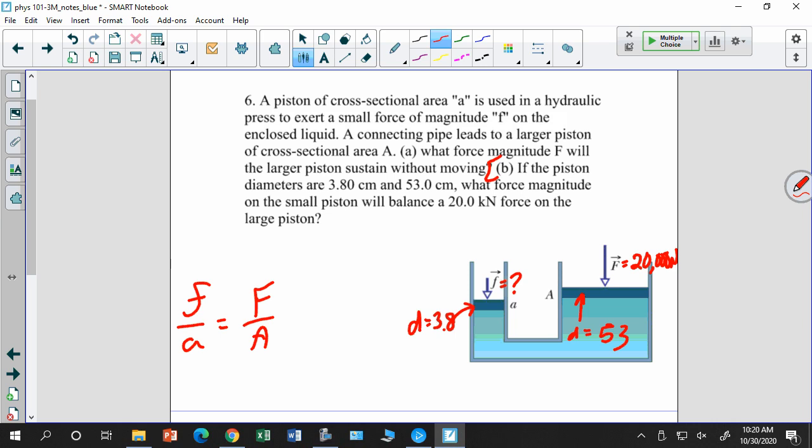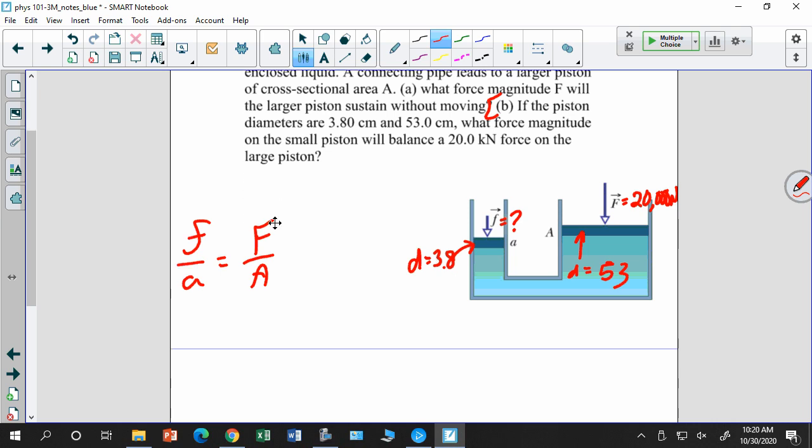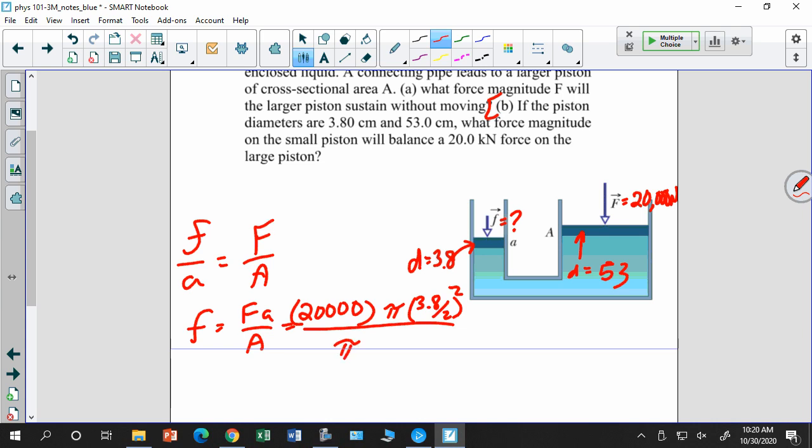So I can say F over A is equal to F over A. That's just saying that the pressure on one side is equal to the pressure on the other side. And I'm looking for little f, which is going to be F over little a times A. That's going to be 20,000 times the area, which is pi times 3.8 divided by 2 squared, divided by pi times 53 divided by 2 squared.